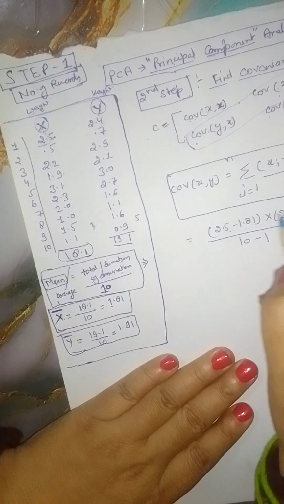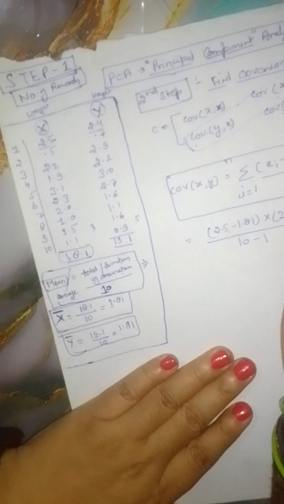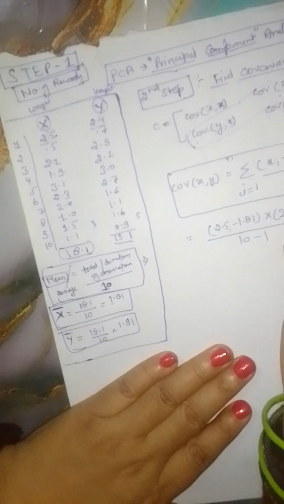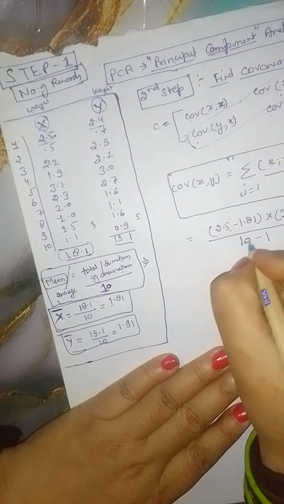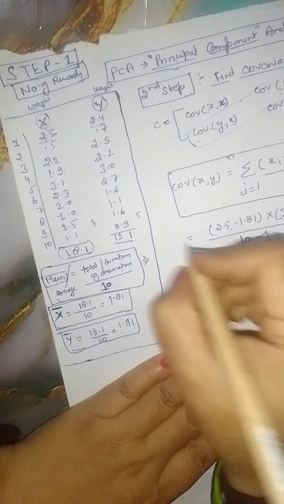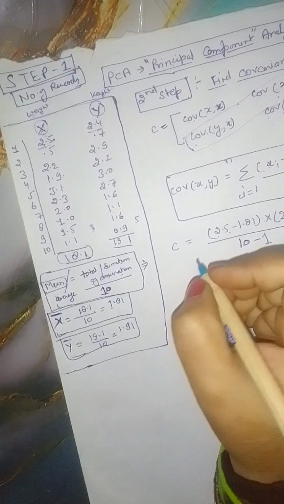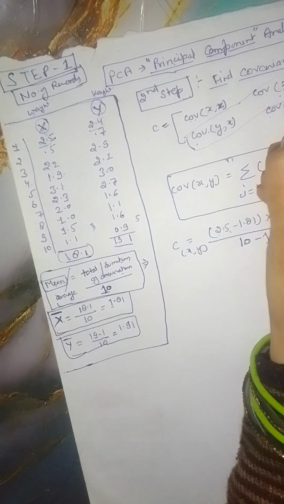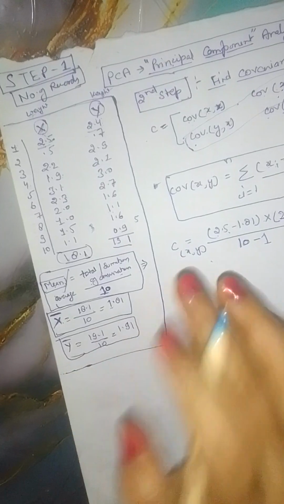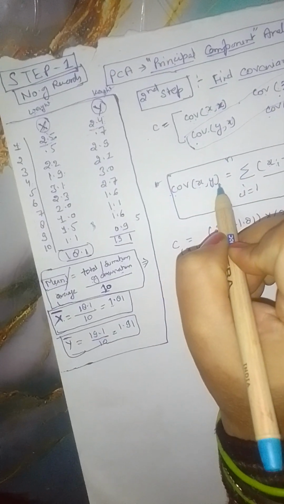In the same way we will take yi as 2.4 and subtract y bar, the mean of y, that is 1.91, and then divide by 10 minus 1. That would be the covariance, fine. The covariance of x y is denoted here with the help of this formula. This would be the second step. So I told you how we will calculate the covariance of x y, fine.